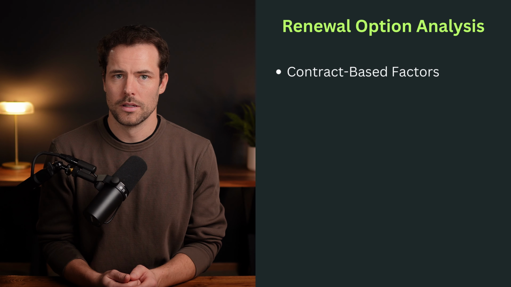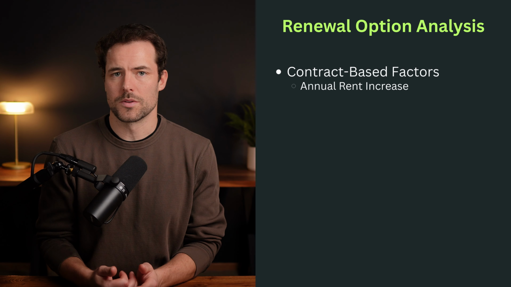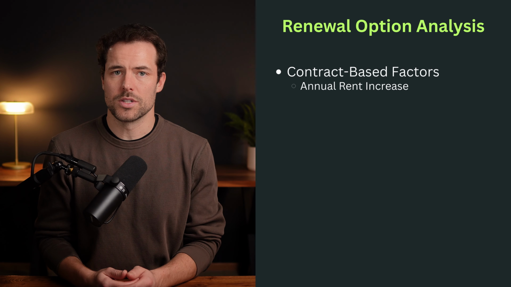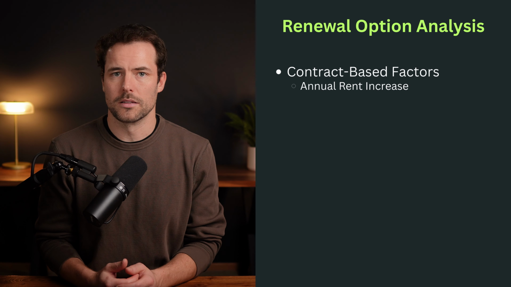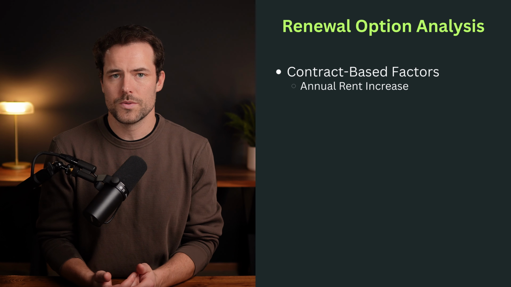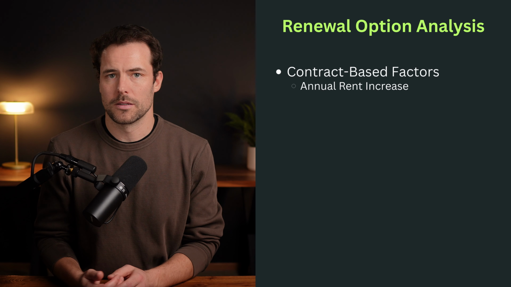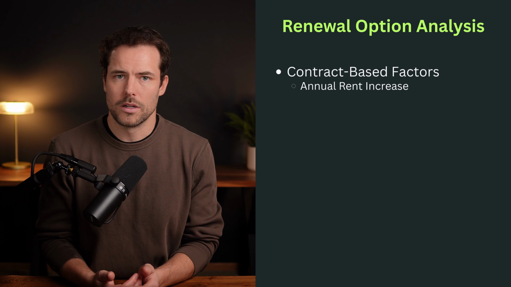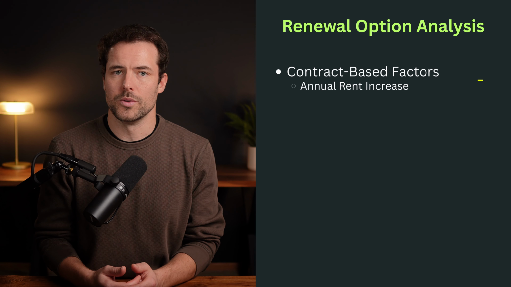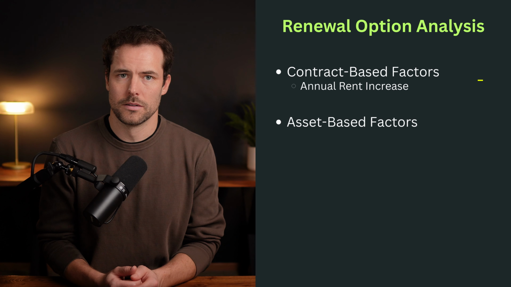So when we analyze the rent during the renewal period, it's not overly strong evidence in either direction. If the rent increase were extremely small, that might suggest it's below market and we'd likely renew. If it were unusually high, we might expect to move out. Here we're somewhere in the middle, so let's move on to asset-based factors.